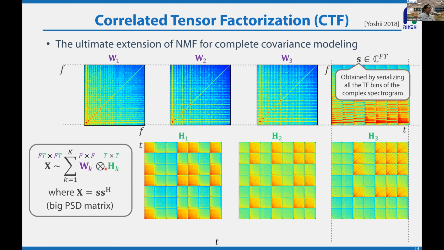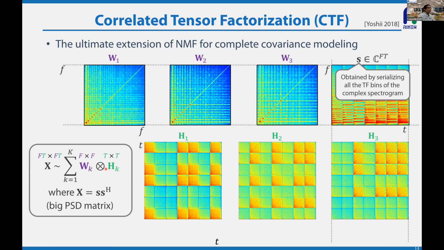So it's impossible in reality, right? That's why we need some acceleration technique to solve this problem. So before going into the acceleration, let me introduce the probabilistic model behind the Itakura-Saito NMF.